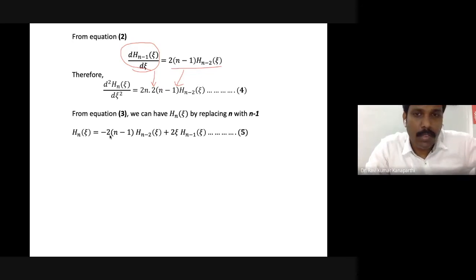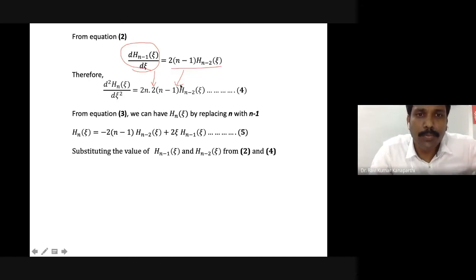Now, having understood all those things, we can just substitute all the values. In the original expression, which is nothing but the second derivative expression, you have Hn minus 2 here.